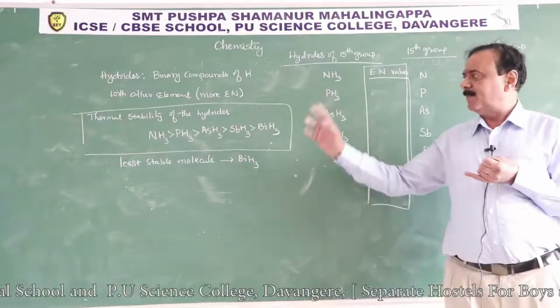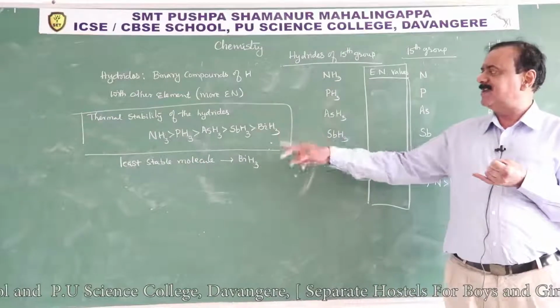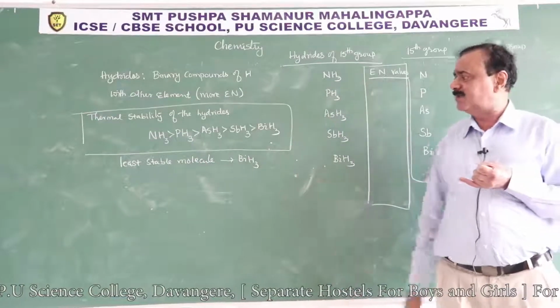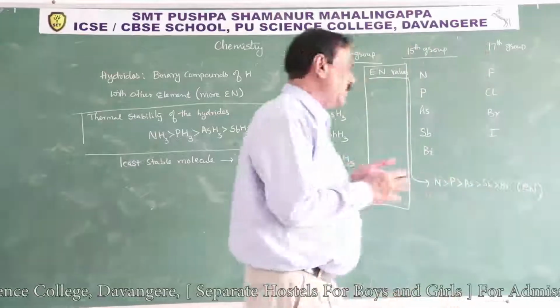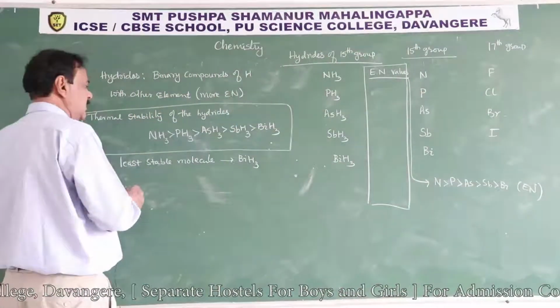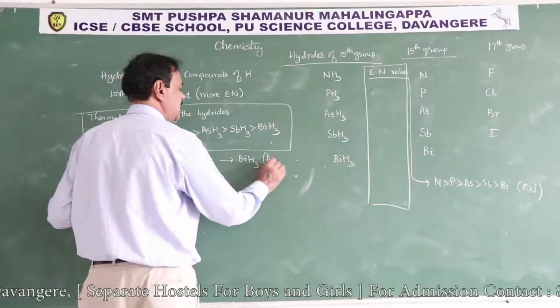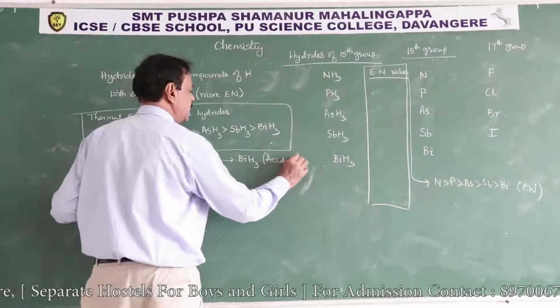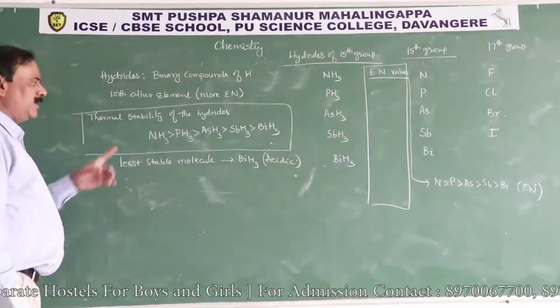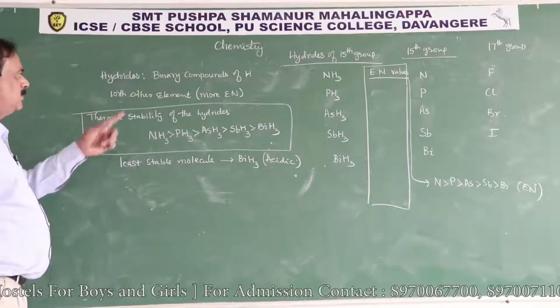Among ammonia, phosphine, AsH3, SbH3, BiH3, which is acidic in nature? BiH3 is acidic in nature. Now if BiH3 is acidic in nature, which is more basic in nature?